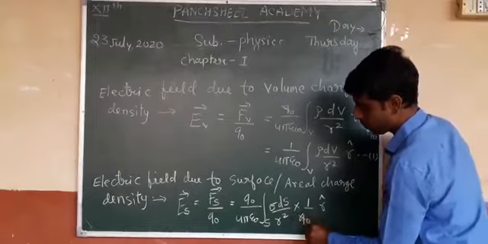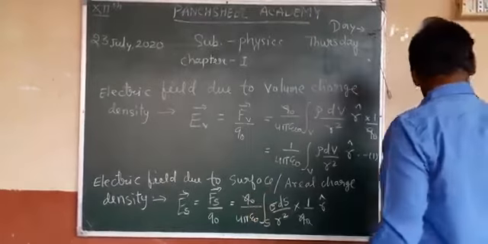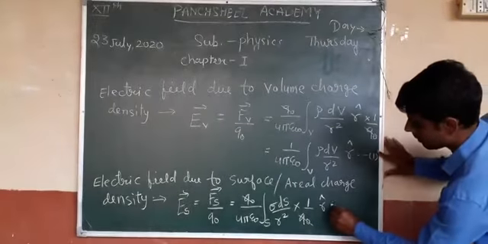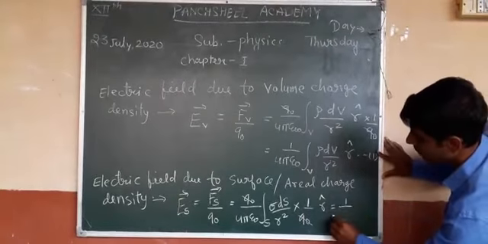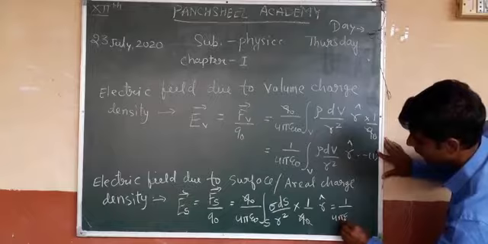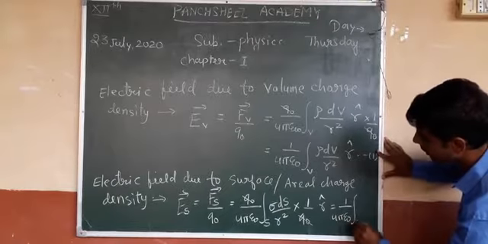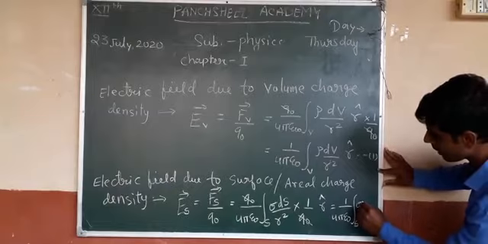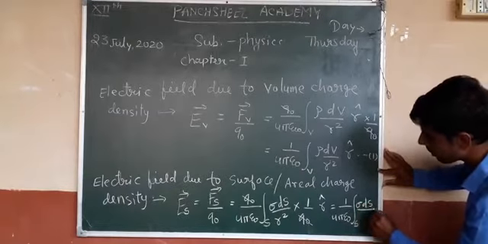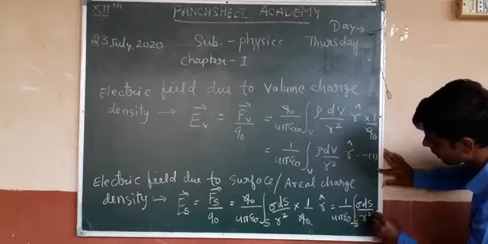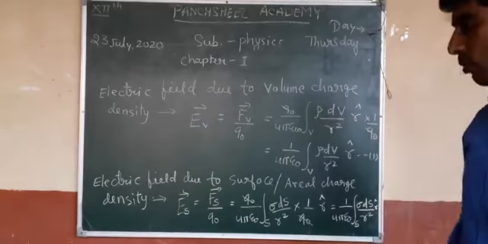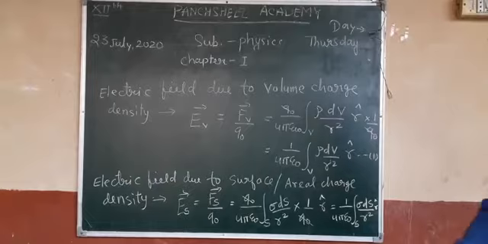So q naught cancels out, and what remains is 1 upon 4 pi epsilon naught, integration over the whole surface, sigma ds upon r square, r cap. This is the formula of electric field due to surface charge density.